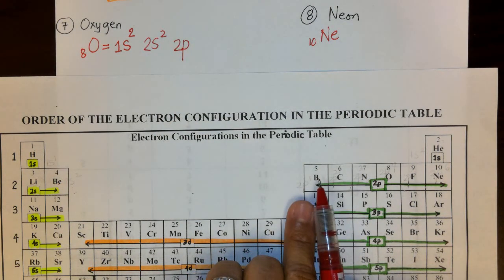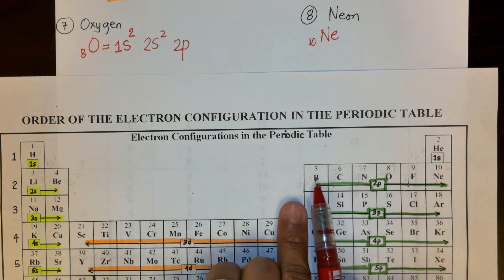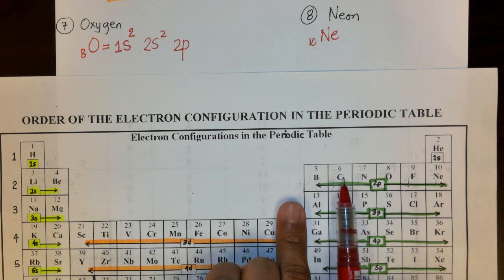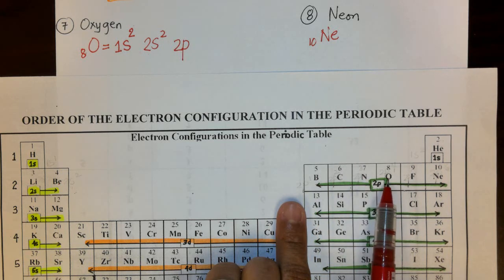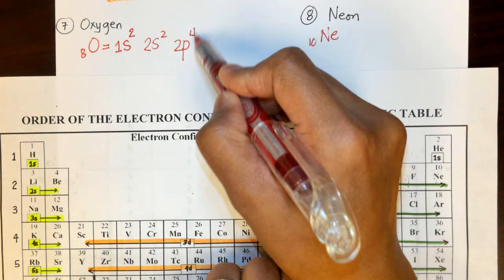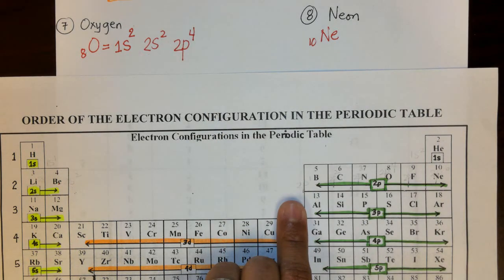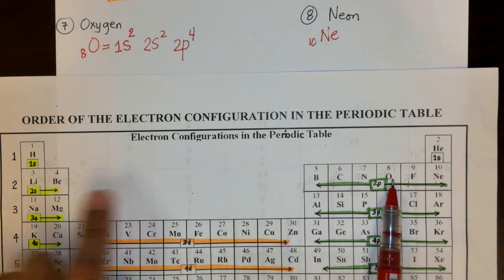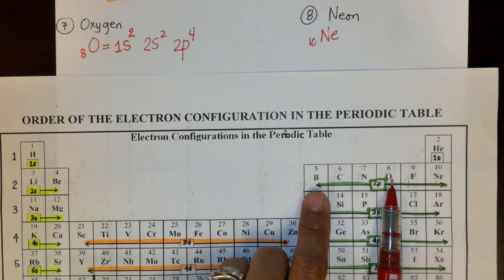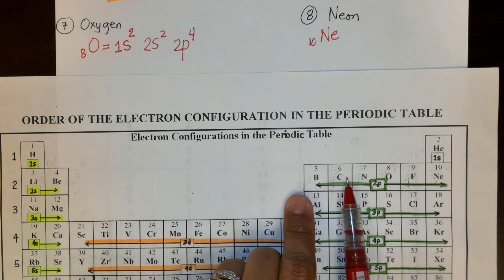All you need to do is count in what order it is in the p, in what particular number of elements it is in the 2p. So this is my first, second, third, and then fourth. So oxygen is 2p4, because it's the fourth element in the 2p. 2p only. You do not count the s anymore because it's just the 2p here. So 2p4.